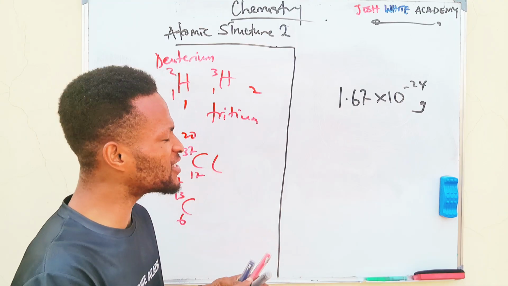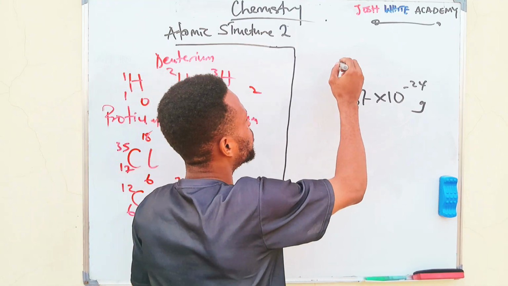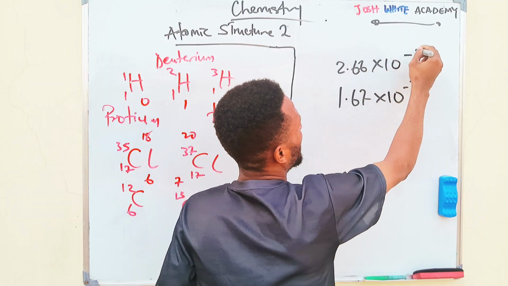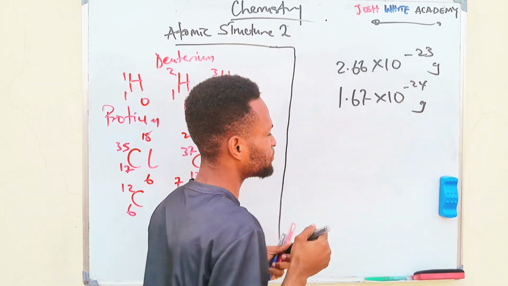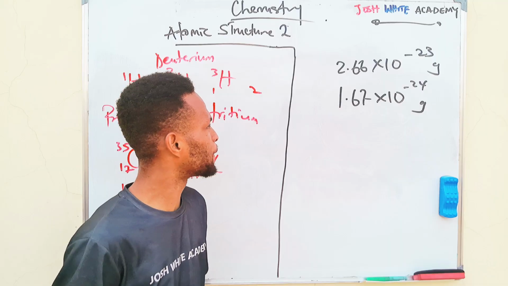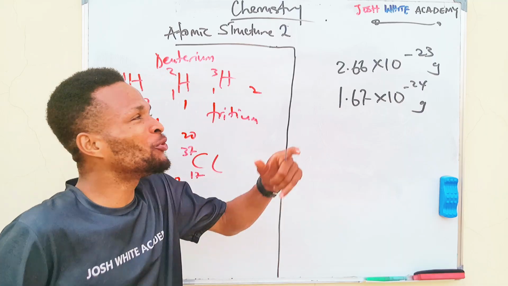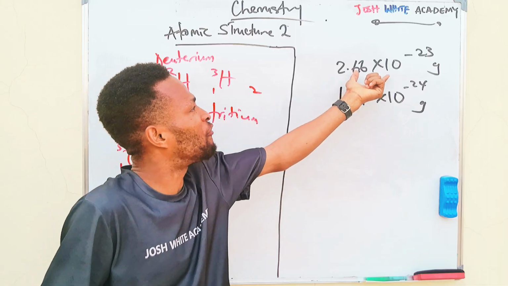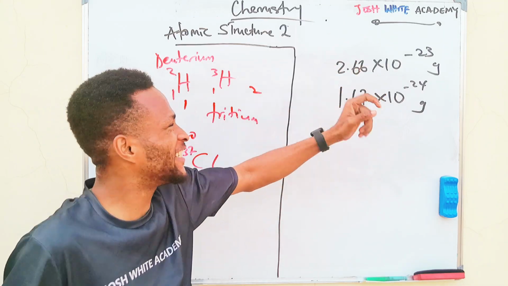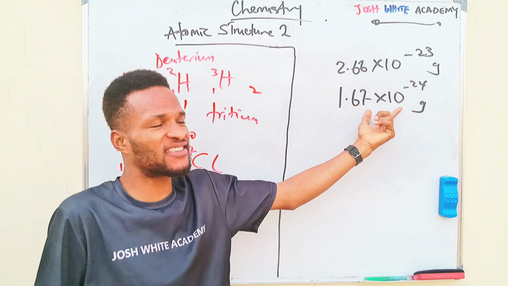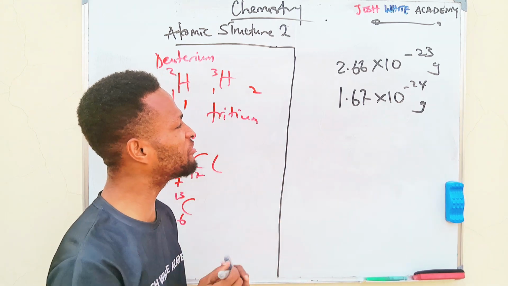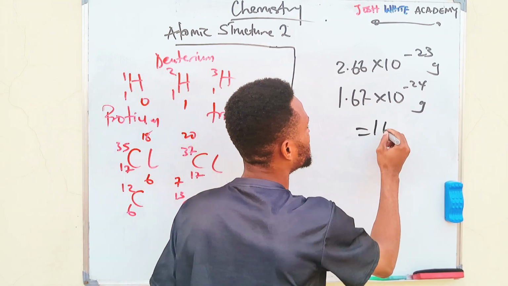The atom of oxygen weighs around 2.66 times 10 to the power of minus 23 grams, if I'm not mistaken. So, to know the relative atomic mass of oxygen, it is divided by a reference, which is hydrogen, which will give you an approximate value of around 16.